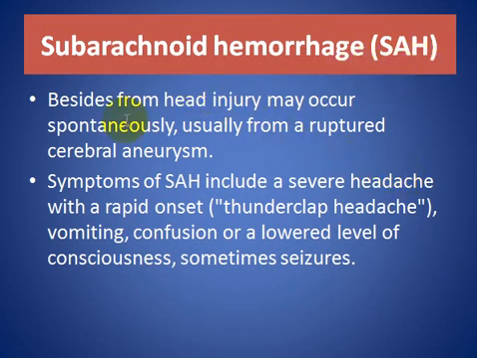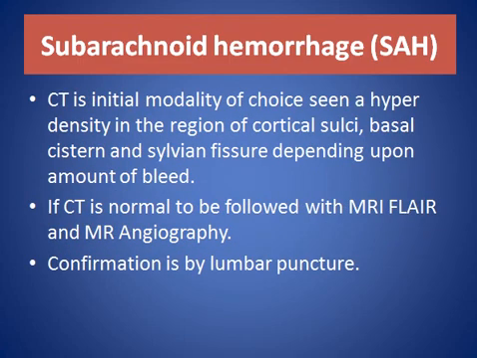Subarachnoid hemorrhage, besides head trauma, may occur spontaneously, usually from a ruptured cerebral aneurysm. Symptoms include severe headache with rapid onset, thunderclap headache, vomiting, confusion, or lowered level of consciousness, and sometimes seizures.